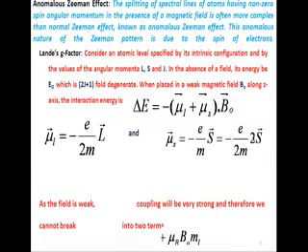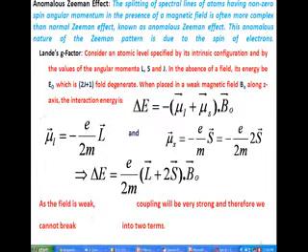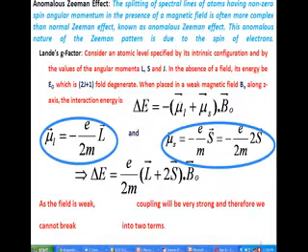In this equation we multiply by 2 and divide by 2. So we substitute the values of mu L and mu S at their places.